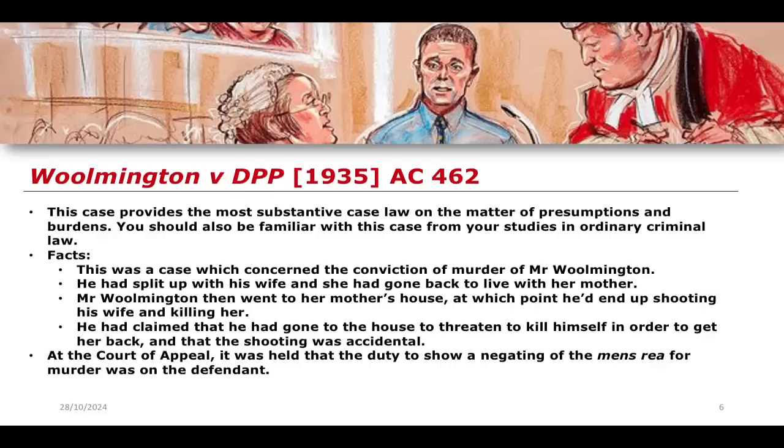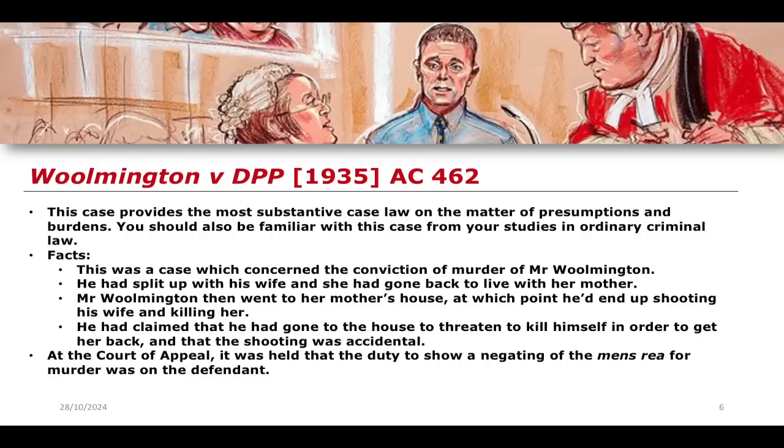Okay. And the reason why the Court of Appeal went for this sort of approach was because on their account, and in their minds it seems at least, that the case for murder was so clear-cut that it was not, in fact, up to the prosecution to show the murder, it was up to Mr. Woolmington to show that it wasn't murder, all right?